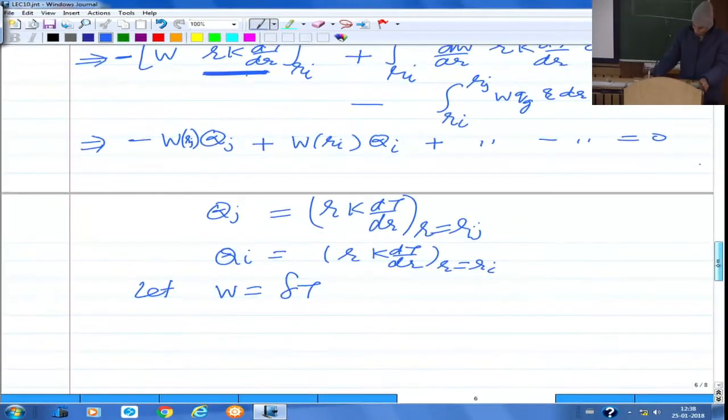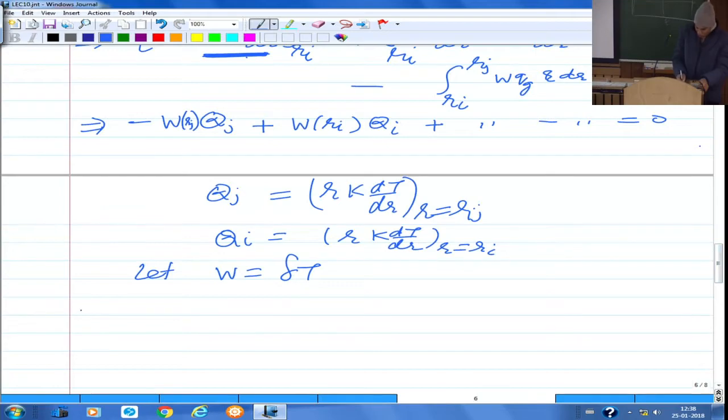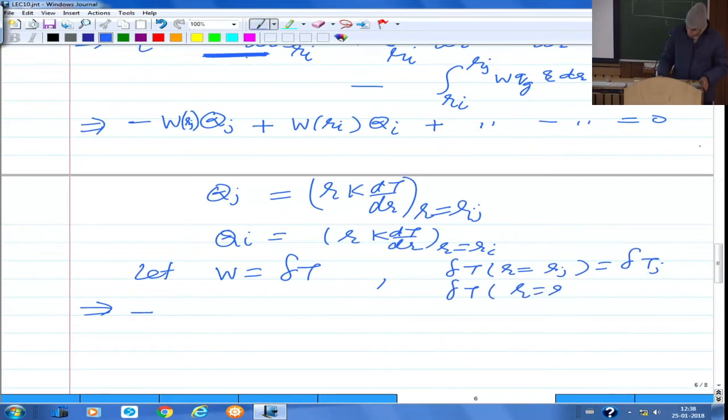So then you can see that this term can be written as essentially your big form minus this now delta Rj, the delta T at Rj. So let me call the value of delta T at r equal to Rj as delta Tj, and the value of delta T at r equal to Ri as delta Ti.